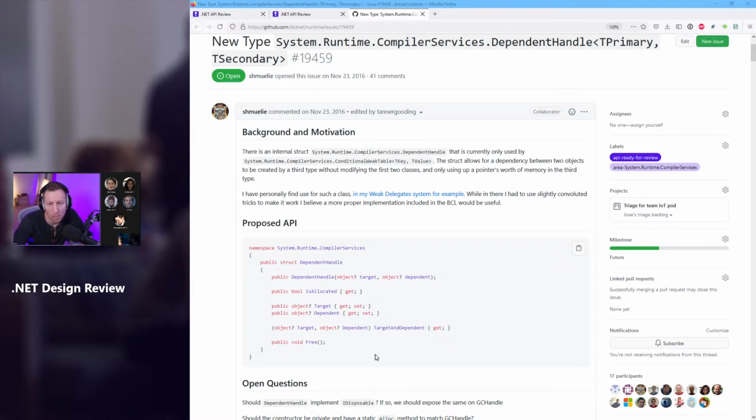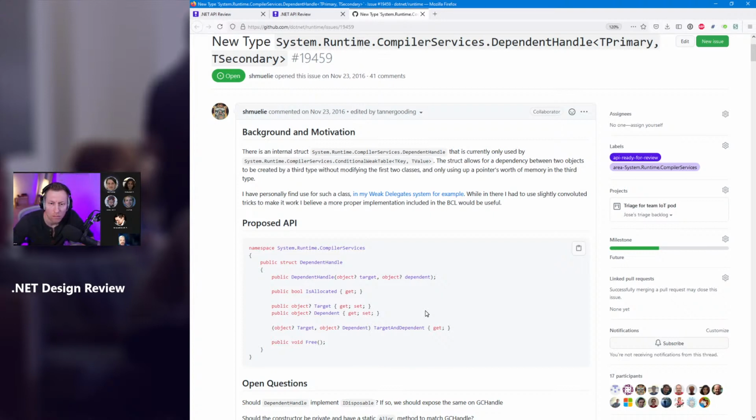Yeah, for reasons I can't articulate, just artistic style, this feels more like a method than a property. Ideally I think these would be methods for debugger display reasons, but if being properties makes more sense, then whatever.